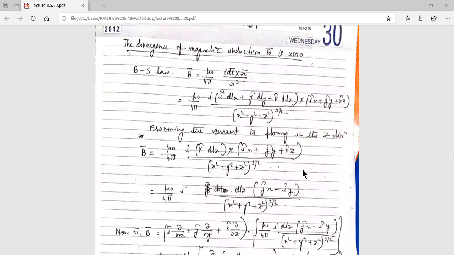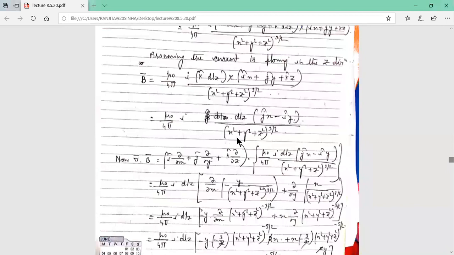So after taking the cross product, we have mu 0 by 4 pi I. Remember, this I is the current, and this is i hat. Now we are calculating the divergence of B.